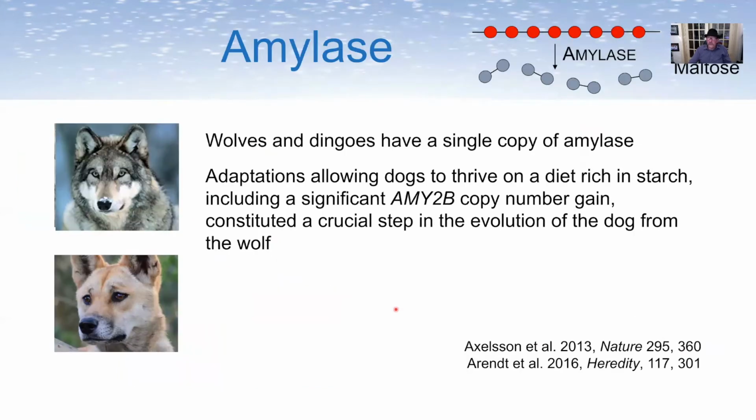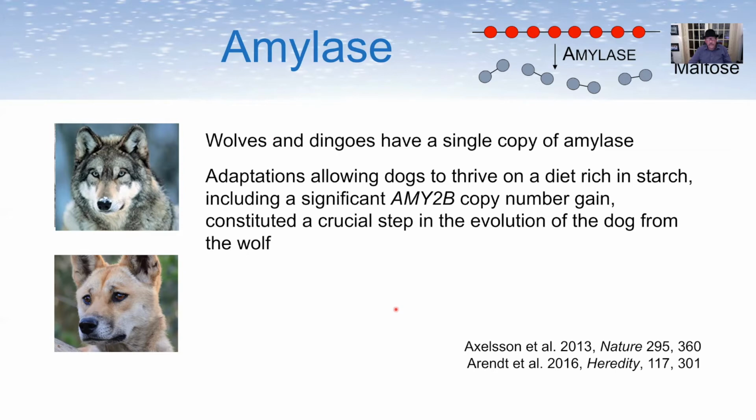So for those not so familiar with amylase, wolves and dingoes have shown a single copy of amylase. Adaptations allowing dogs to thrive on a starch-rich diet, including a significant AMY2B copy number gain, constituted a crucial step in the evolution of the dog from the wolf.